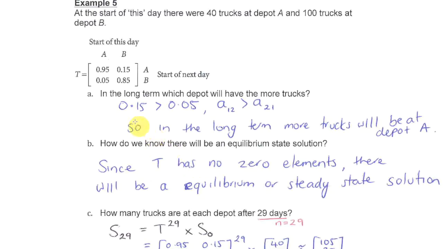What we do there is we just look at the initial T matrix. There are no zeros in this T matrix, therefore we know that we will be able to obtain what we call the steady state or equilibrium state. If there were zeros, then we'd take that matrix, raise it to the power of 2 and see if that had zeros. If that didn't have zeros, then we'd know that we'd also be able to get the steady state.